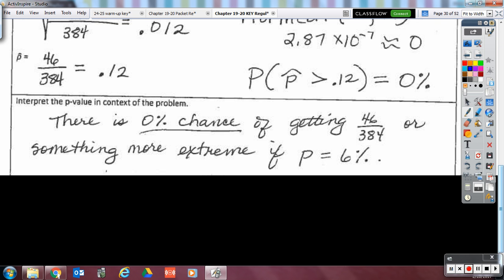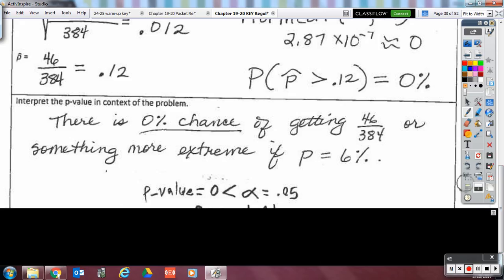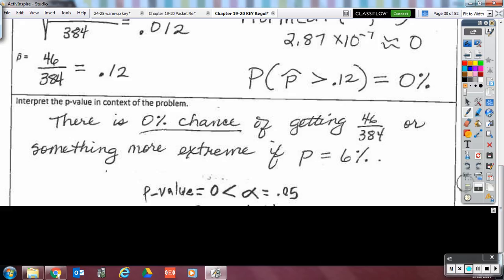If they did not give us an alpha, then what are we going to say our alpha is? Okay, so here we go. Let's say our p-value, which is 0, is less than alpha, which is 0.05. So that's what you write down. The p-value equals 0, and 0 is less than alpha, which is 0.05.